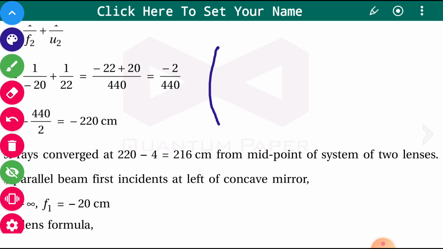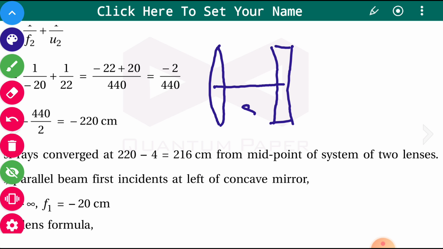If you have this kind of combination, and the distance between the two lenses is 8 centimeter, the midpoint will be at 4 centimeter, and the final image is formed at minus 220.